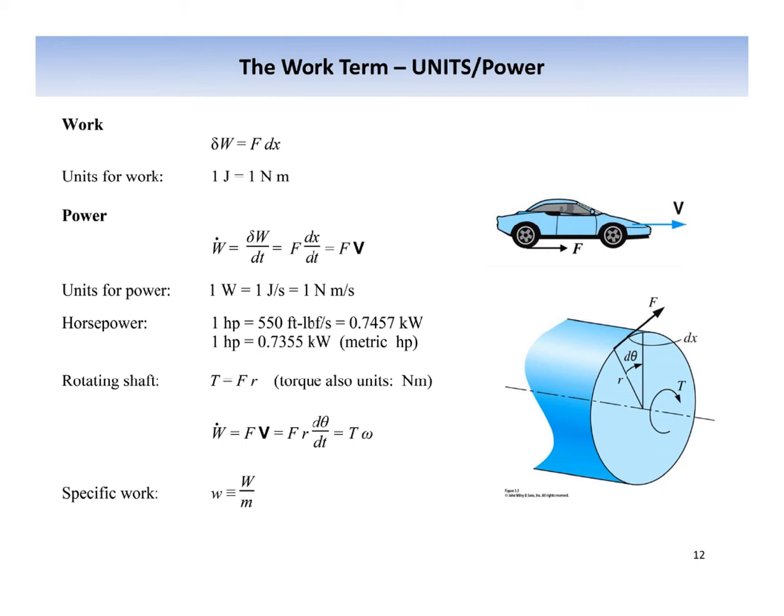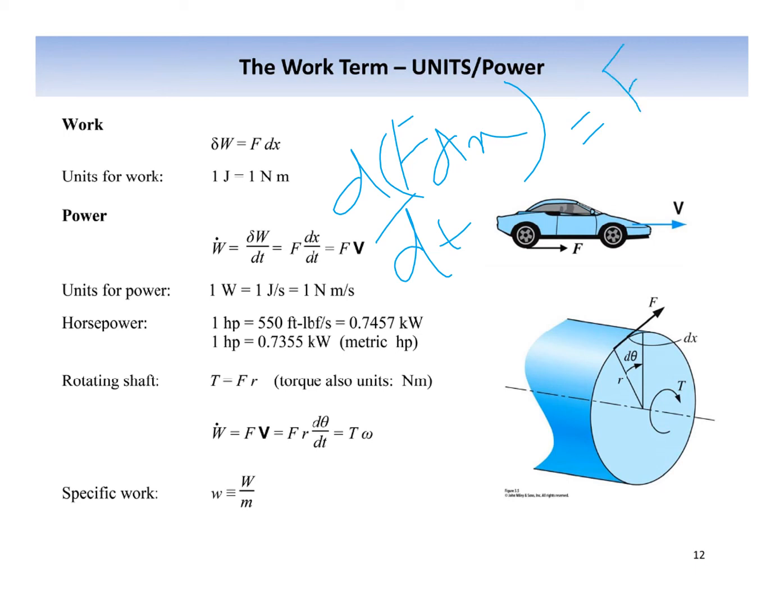What is work? Work, for a linear system, is force times distance. If we take its derivative with respect to time, and assume that the force is constant during this, we can take the force out of the derivative, and we have dx over dt. The rate of change of displacement with respect to time is velocity.